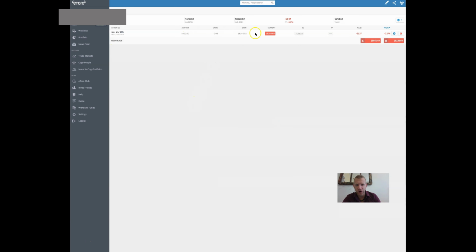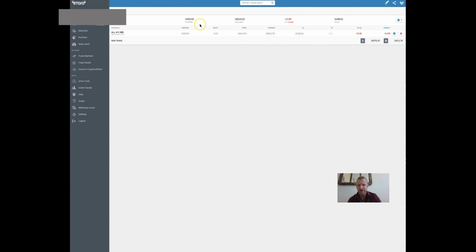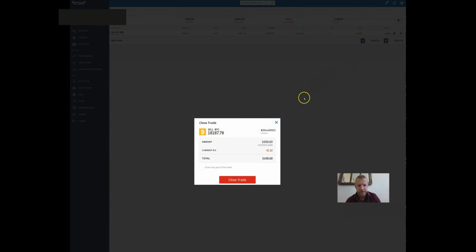So you go to portfolio, you're in the Bitcoin, and then you have the option here to close down the trade with the little cross over here. And you can update the trade, buy more, buy less, whatever you want to do. But this is currently a short position because we first sold and now we're going to buy it back. And by closing the trade, you click the cross, and it says here close trade.